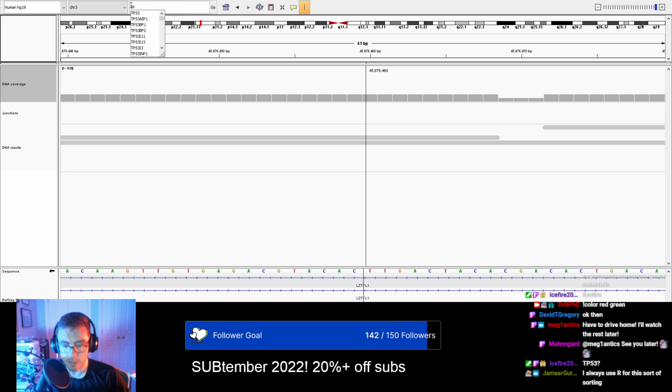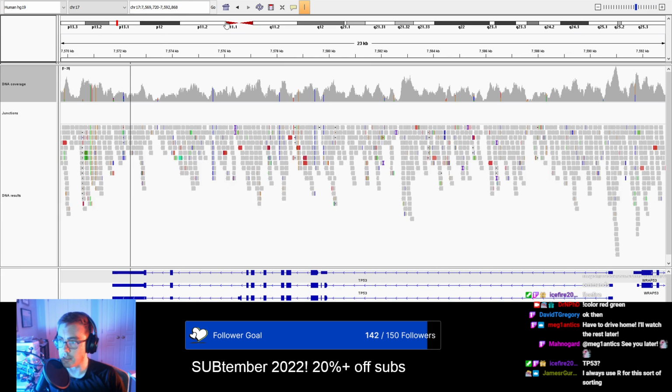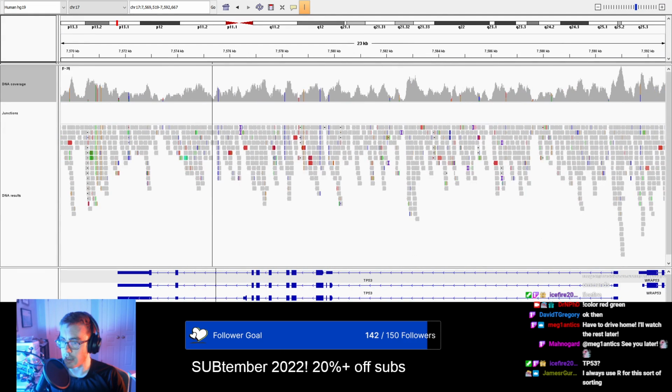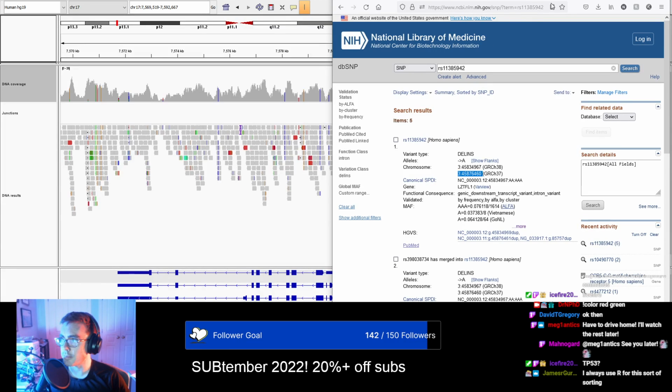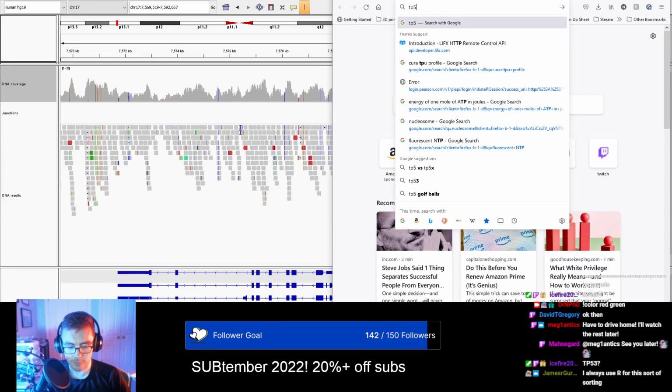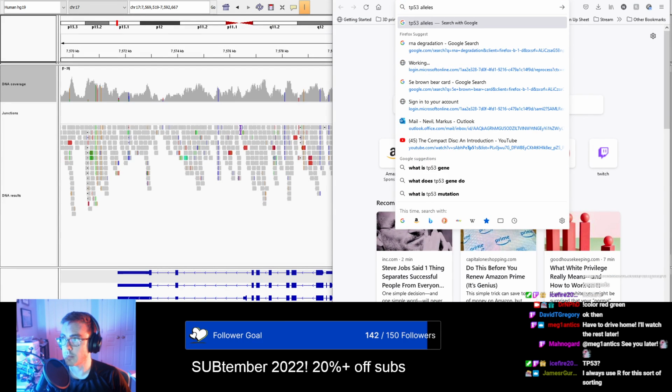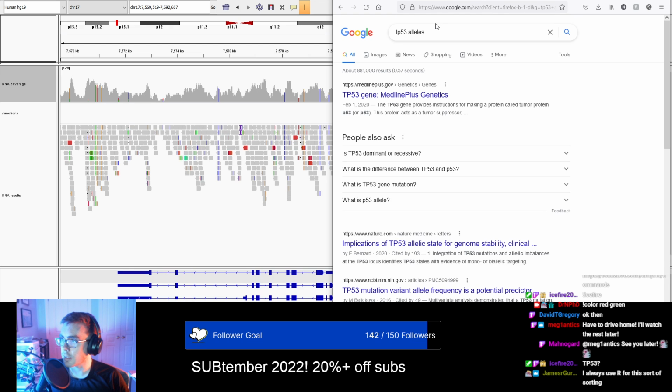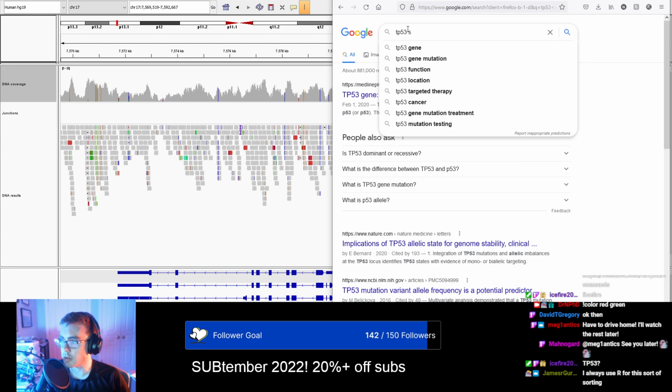TP53. So TP53 I know is an oncogene, right? So what is a good TP53 allele to look at? Let's not look at that. Actually, SNP is probably what I should do.